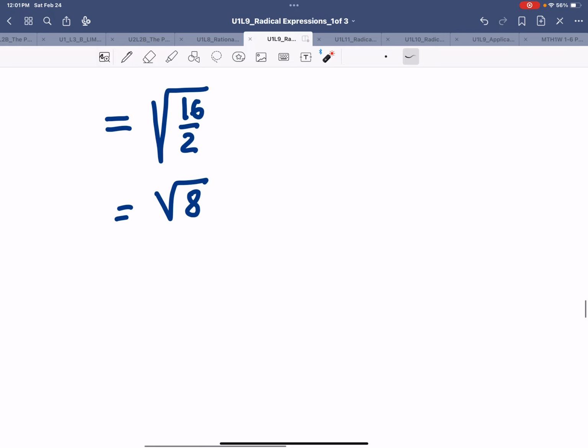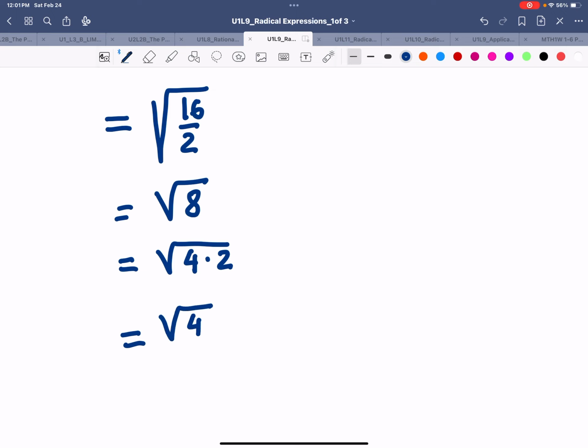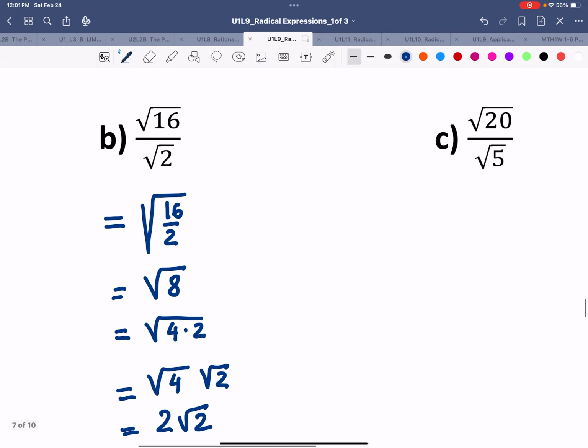And one of them, we prefer to be perfect squares so that we can simplify it. So a perfect square would be 4, which is a factor of 8, and 2. Now, that would be square root of 4, square root of 2, and the square root of 4 equals 2 square root of 2. So this will be the most simplified form of square root of 8.